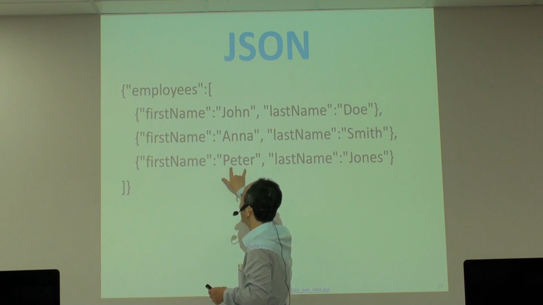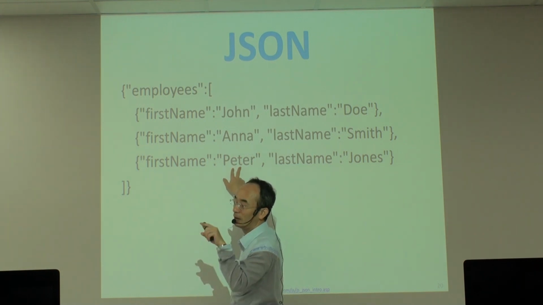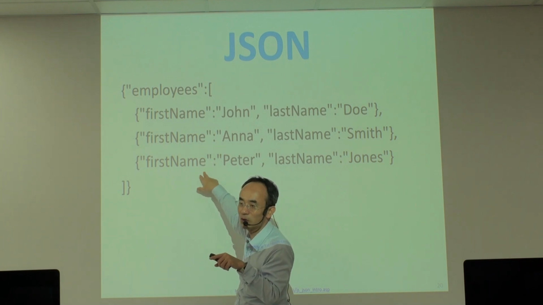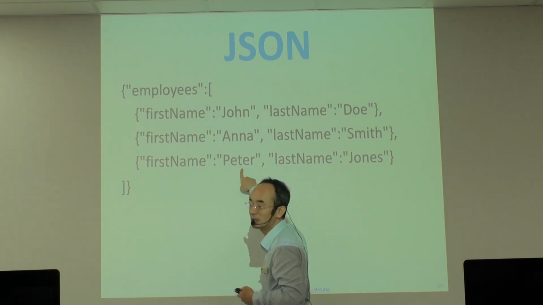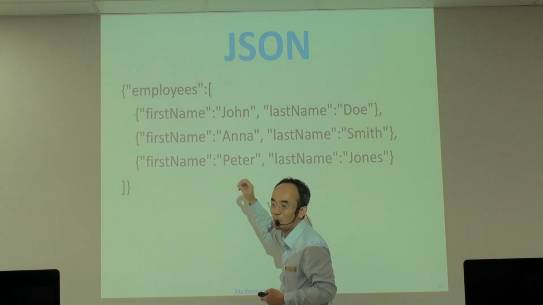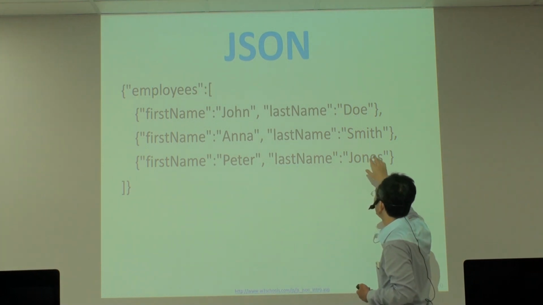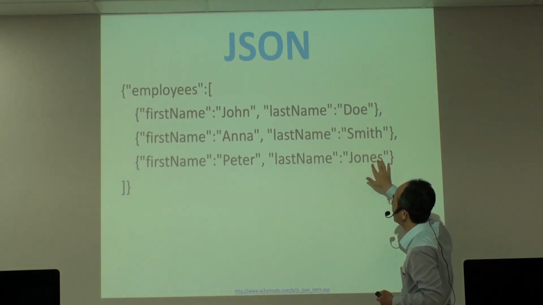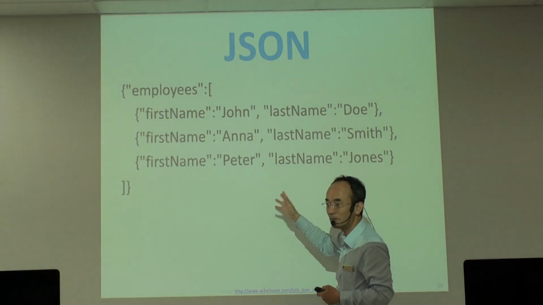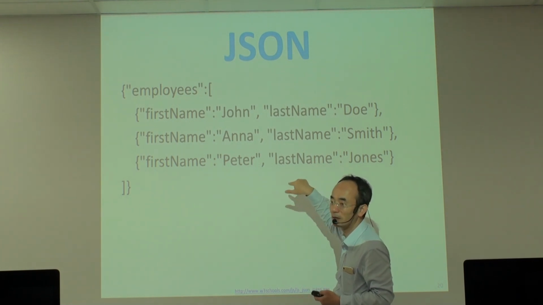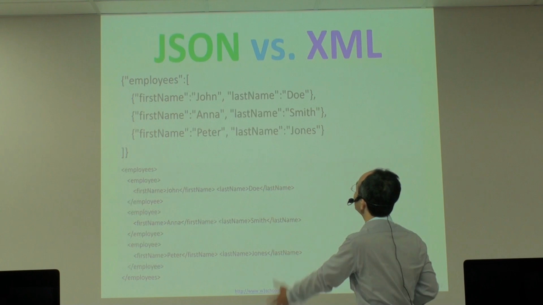You need a key or a column name or variable name to identify what this value is. What is the meaning of Peter? What is the meaning of John? Is John a first name or a last name? So you have to identify these values, this data.